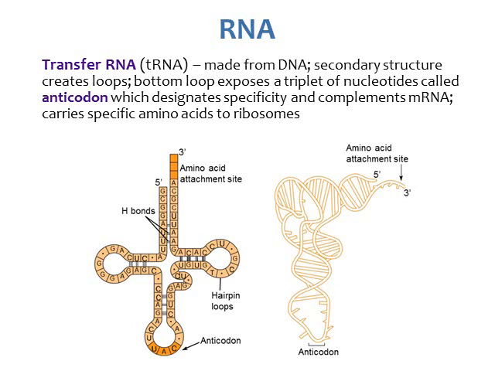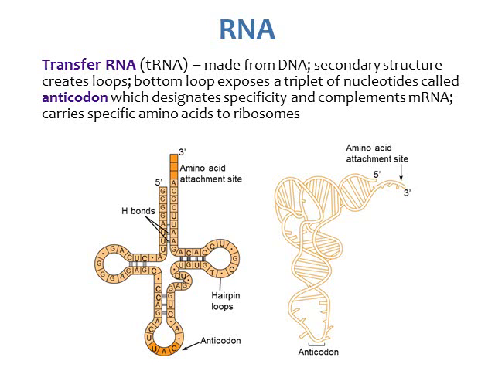The second type of RNA is called transfer RNA or tRNA. tRNA is made through transcription from a DNA template. And this tRNA has a secondary structure that creates loops. You can see the images on the bottom here. You have this RNA molecule looping together to form this kind of T or clover leaf structure.